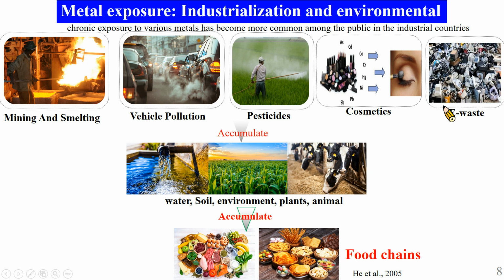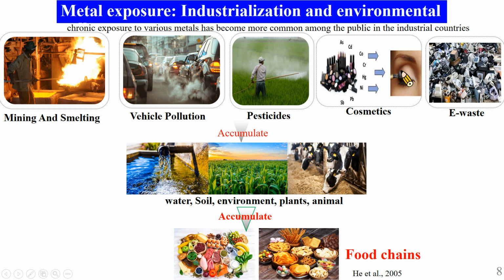So chronic exposure to various metals, whether essential trace elements or toxic heavy metals, has become more common among the public, especially in industrialized countries. That is because industrialized countries have increased vehicle pollution, mining and smelting, and in agriculture, the use of pesticides also contains metal as well.